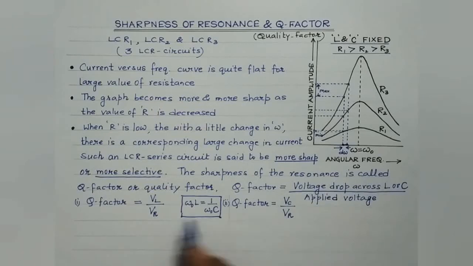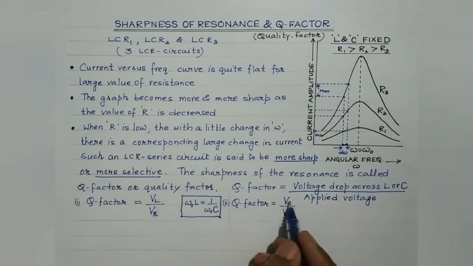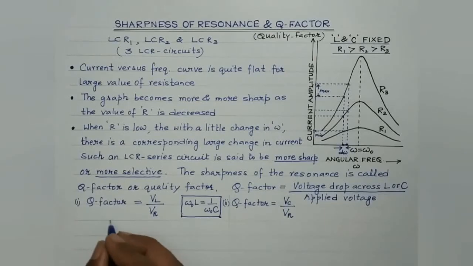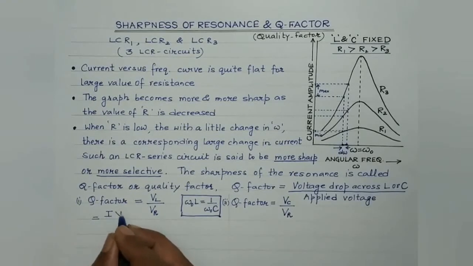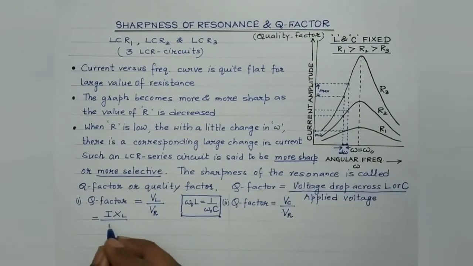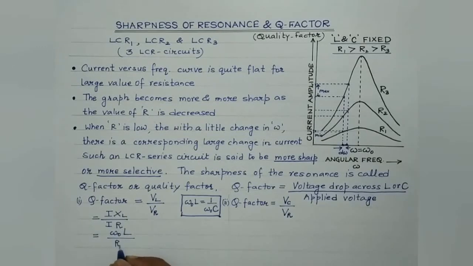So in both cases, we must get the same expression because at resonance VL is equal to VC. So let's try to find out the expression. VL would be equal to I into XL. VR is equal to I into R, right? So at resonance, I gets cancelled. Q is XL, that is omega naught L, divided by R.